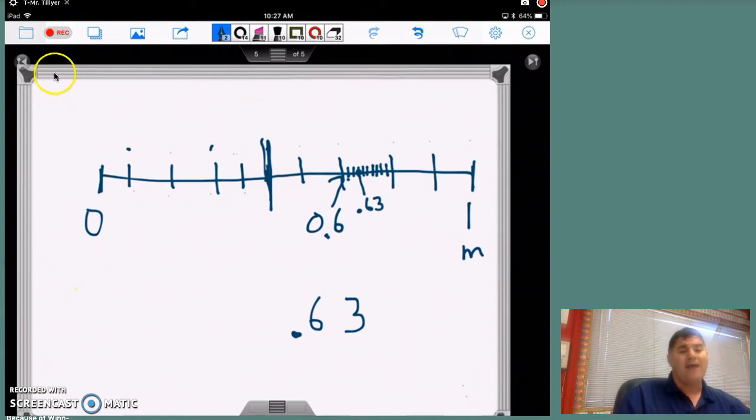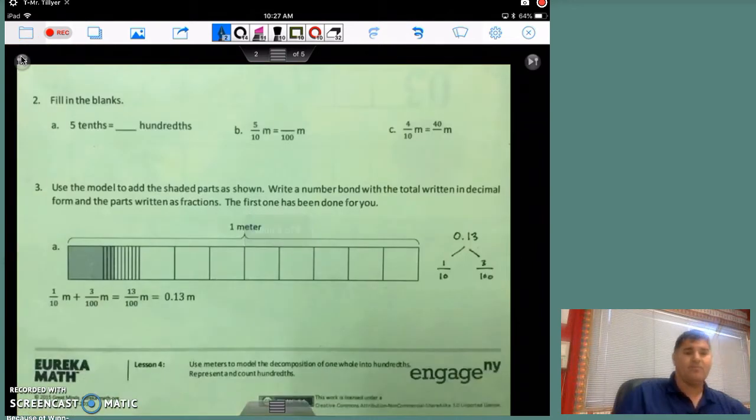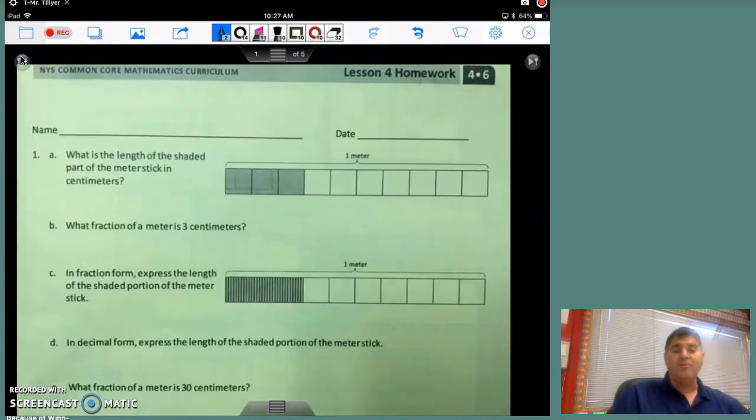Now we're going to go back and look at the work we're going to be doing. We'll just go through these and answer some of the questions, okay? The first question is, what is the length of the shaded part of the meter stick in centimeters? There are 100 centimeters in 1 meter.